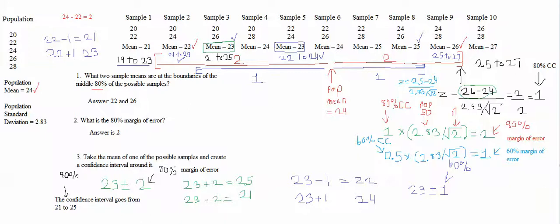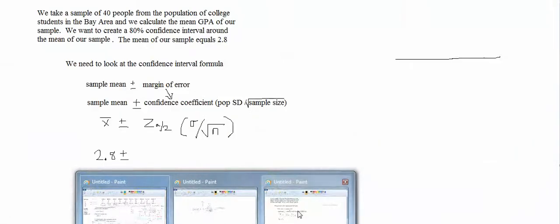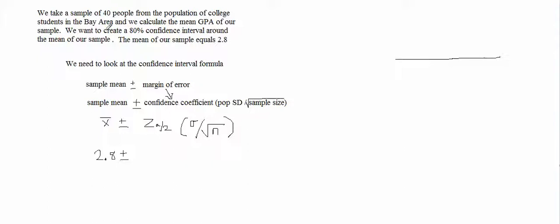Now, how do we do this when we don't actually have those possible samples in front of us? Well, there's something we can do. You know, we took a sample of 40 people from a big population. It turns out that when you take a sample of at least 30, the possible samples that you're drawing from roughly follow a normal curve like this.